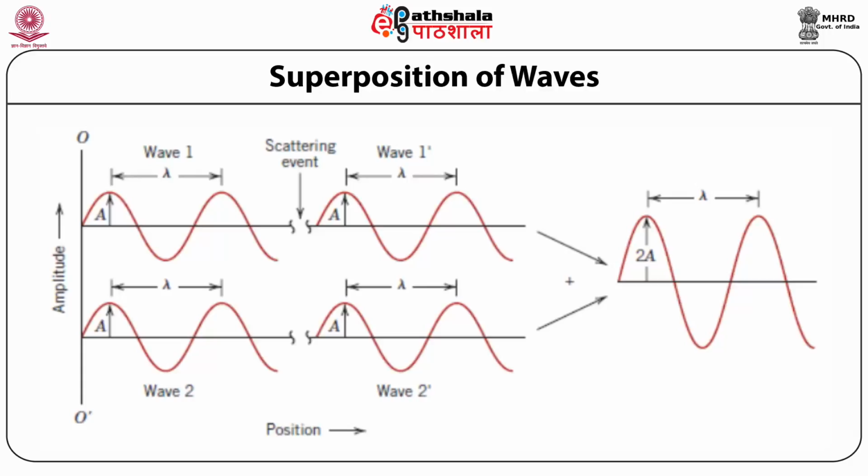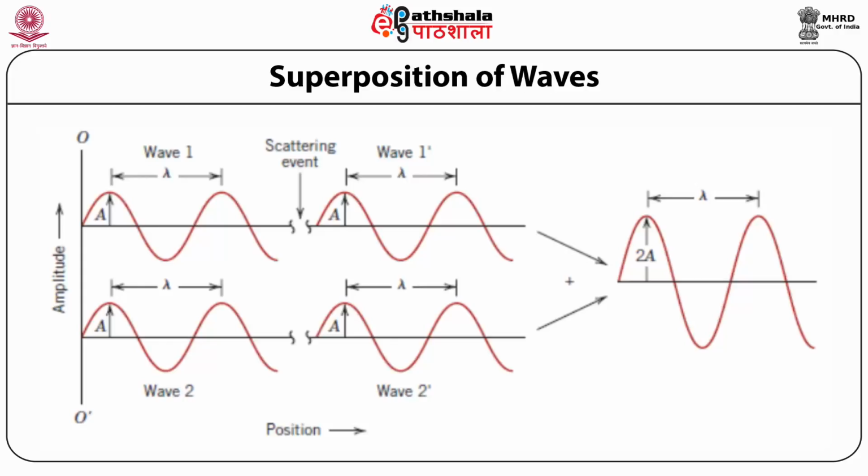You can see wave 1 on top and wave 2 below, these are two incident waves having the same wavelength lambda, and they are phase coherent. Phase coherent means when you have a crest of wave 1, at the same time a crest of wave 2 also occurs. When there is a trough in wave 1, at the same time there is a trough below. So this is in complete coherence, and the break in between shows a scattering event.